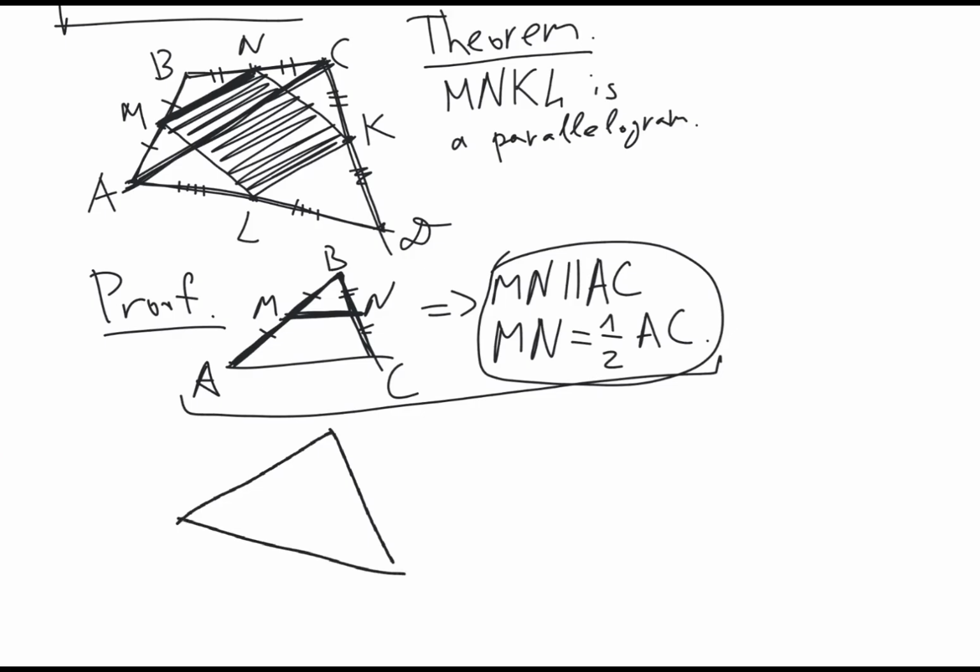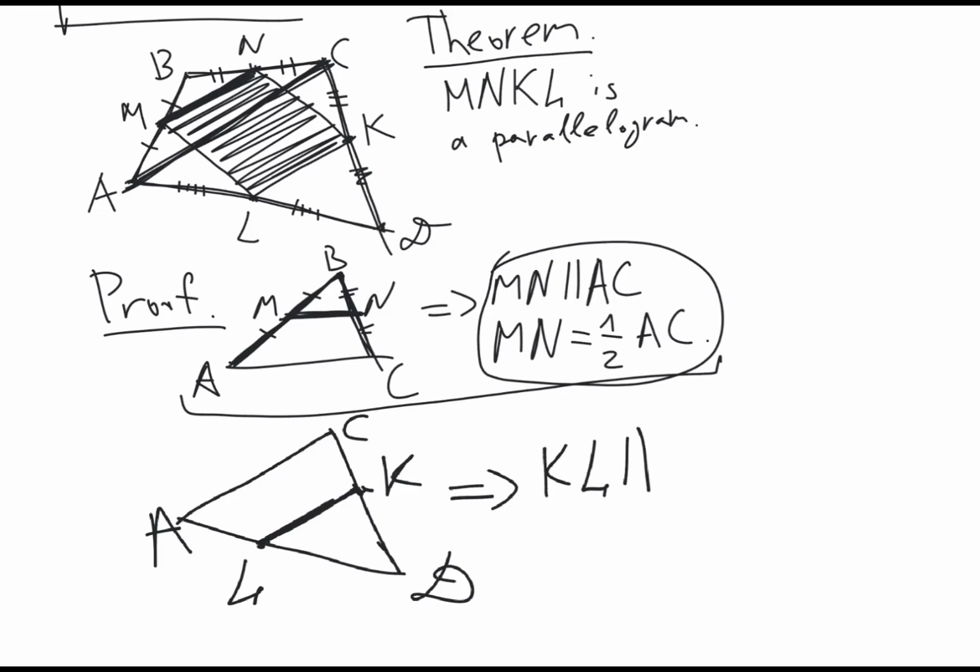In the triangle ACD, we have the midpoints of the sides K and L, like this, and similarly we have that KL is parallel to AC, and KL is equal to 1/2 of AC.